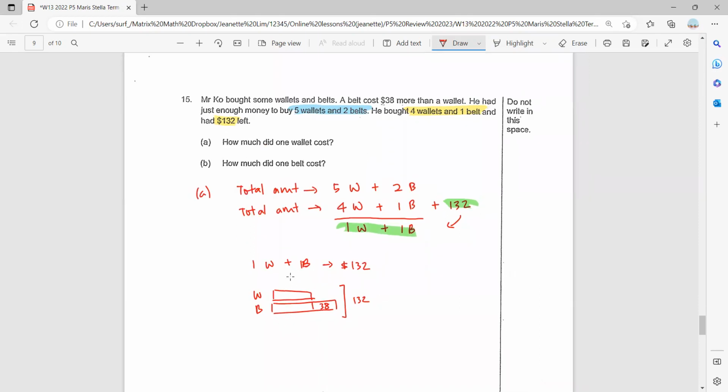So 132, 2 units is 132 minus 38. This will give us 94. Then from there, 1 unit, which is your one wallet, 94 divided by 2. So this will give us 47, which is one wallet.